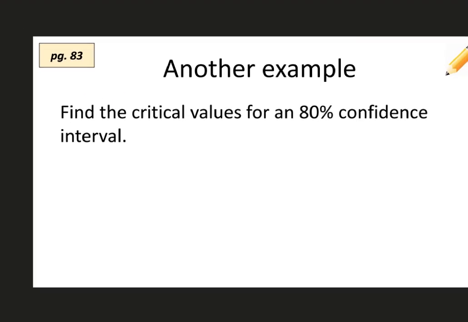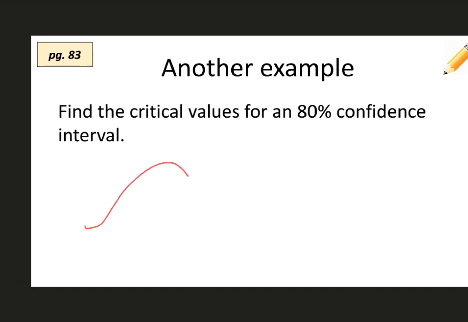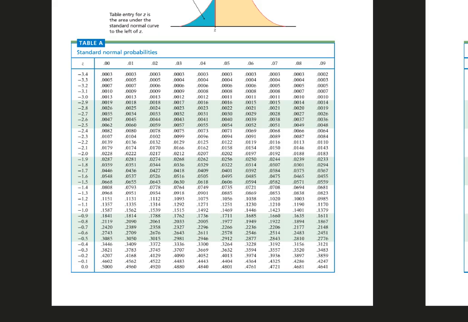So let's look at another example here, an 80% confidence interval. To sketch what that looks like, we're looking for the middle 80%. Well, if 80% is in the middle, that means we have 10% to give here and 10% to give here. So to figure out what z-star value we're going to use, we need to figure out what this cutoff point is. That's going to give me my negative z-star value. So I'm going to look for the closest thing to 0.10 on my z-score chart. All right, so here's my z-score chart.